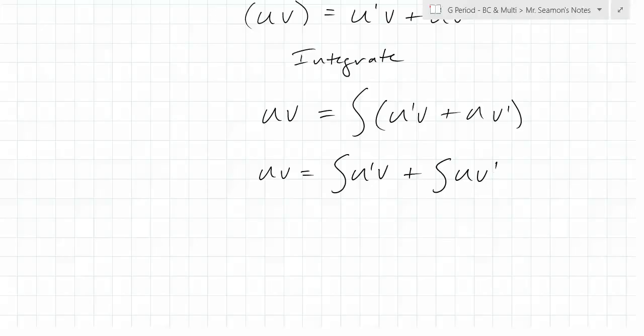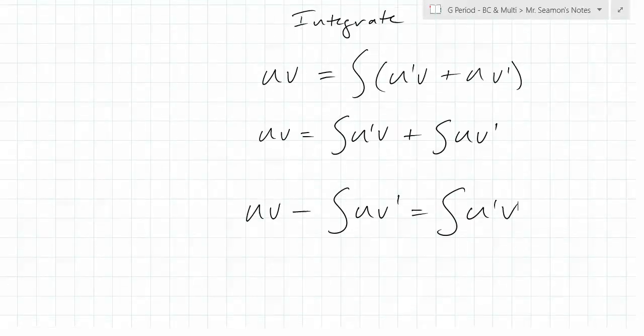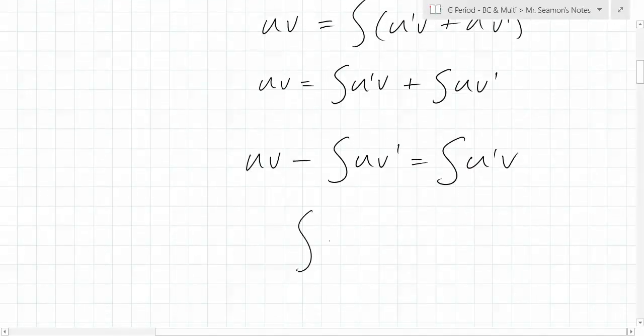Okay, so it doesn't seem super helpful, but I'm going to subtract one of the integrals. I always pick the wrong one notationally, but is it still okay to say this? I'm just going to change the order here. The integral of u prime v is equal to uv minus the integral of u v prime.